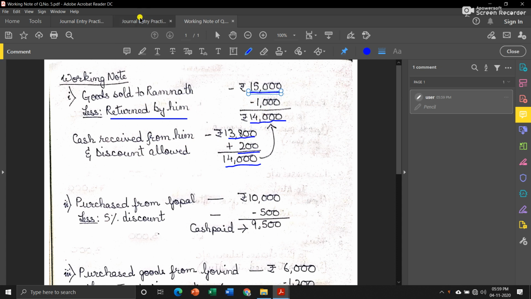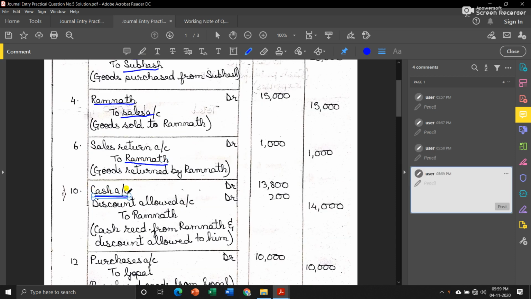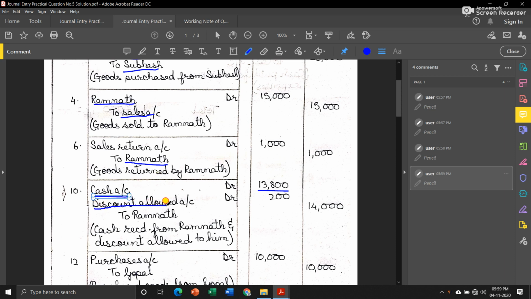So in the journal, cash we receive is coming inside our business, so cash account is a real account, and according to the real accounts rule, debit what comes in. So we wrote actual cash received 13,800. Then discount allowed is our expense, so it is debited according to the nominal accounts rule, debit all the expenses.